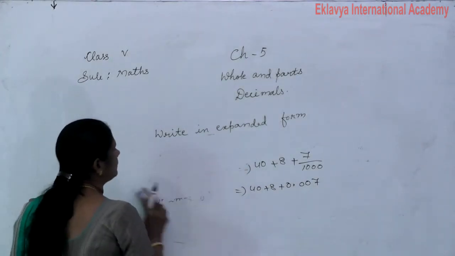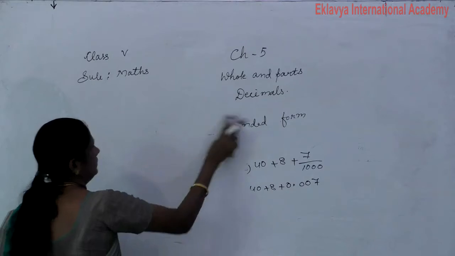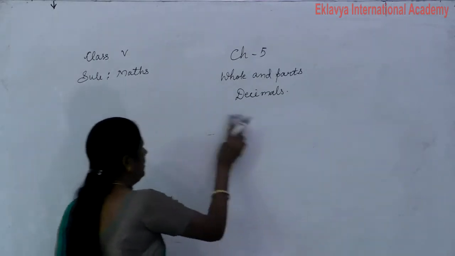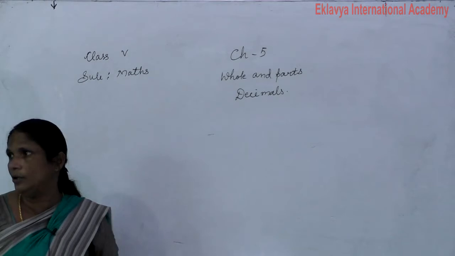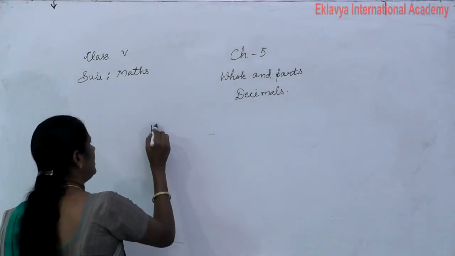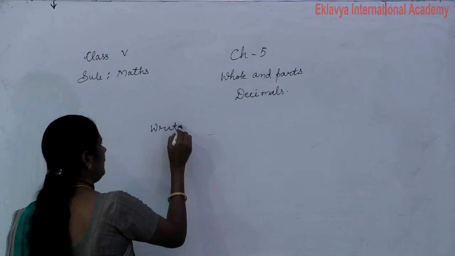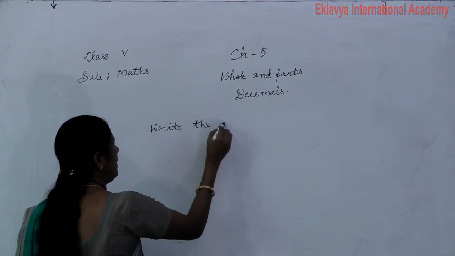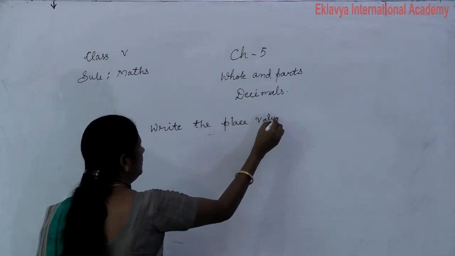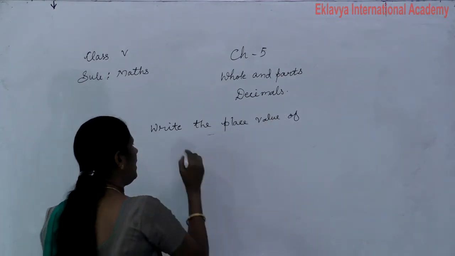Now, what is the place value? Write the place value of the underlined digit.